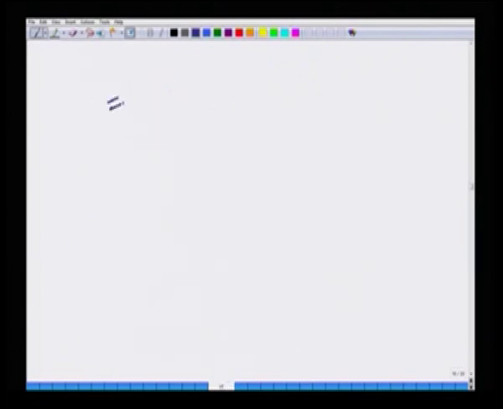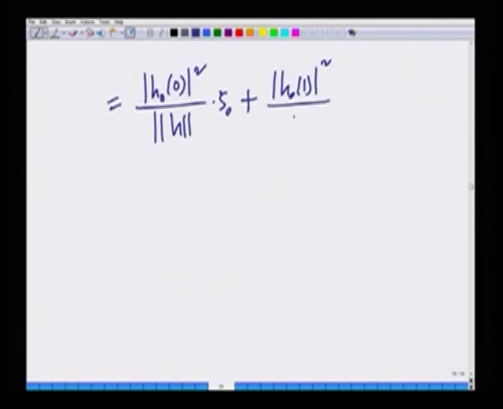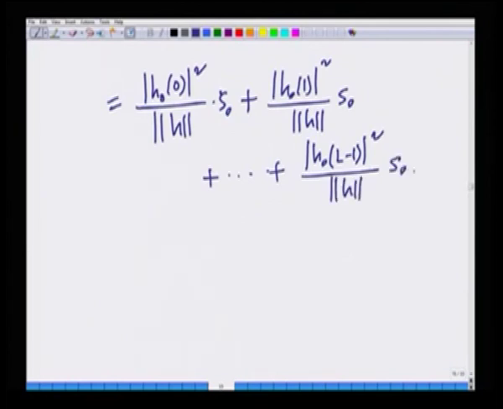This is nothing but magnitude h 0 0 square divided by magnitude h times s 0 plus magnitude h 0 1 square divided by magnitude h times s 0 plus, and so on, magnitude h 0 of L minus 1 square divided by magnitude h into s 0.